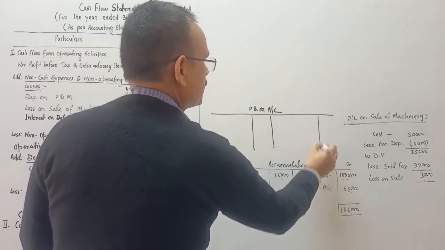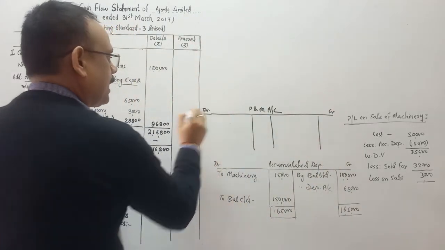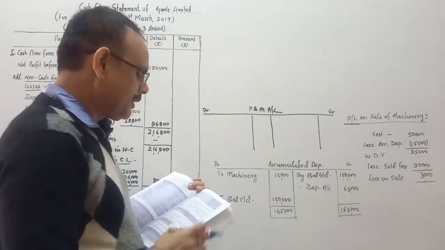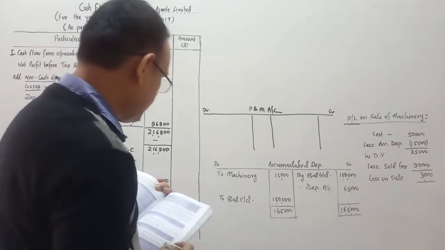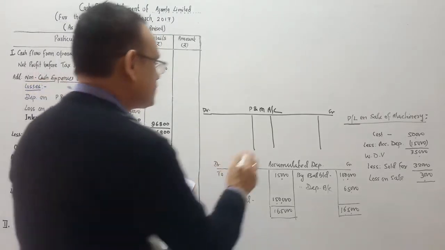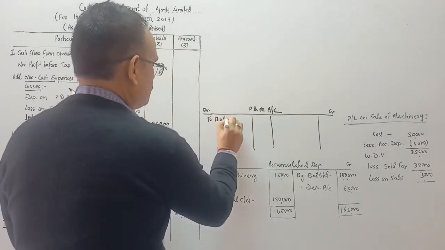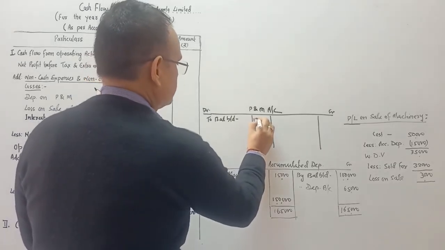I am going to take the original figure, that is cost. First of all, we write the opening balance, last year's plant and machinery balance brought down, that is 13 lakhs.